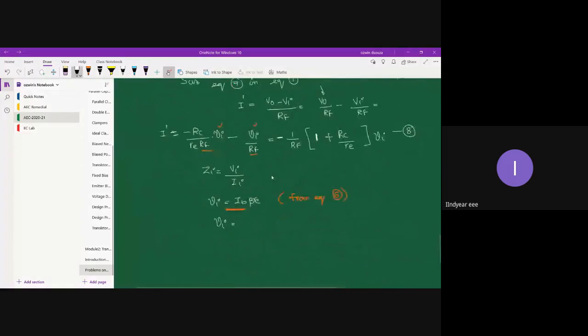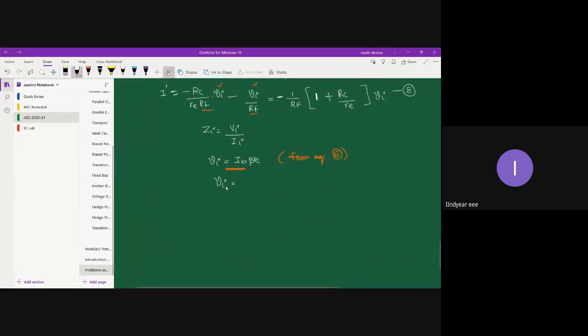So Ib is equal to I dash plus Ii. And how did we get this? To get this, you need to apply KCL at node B.